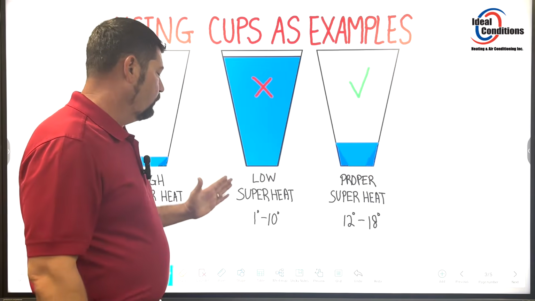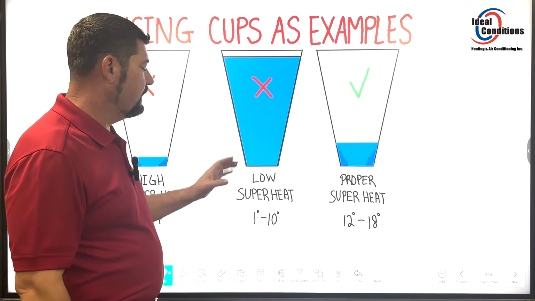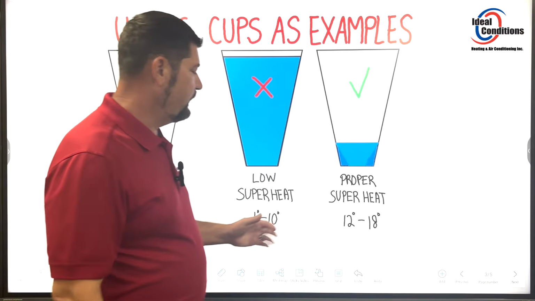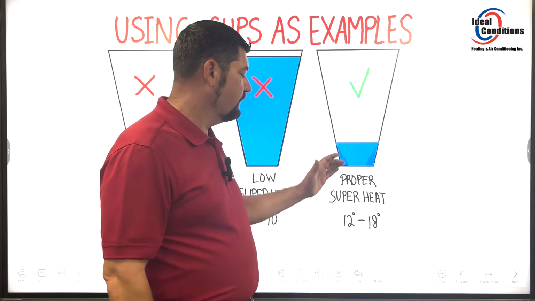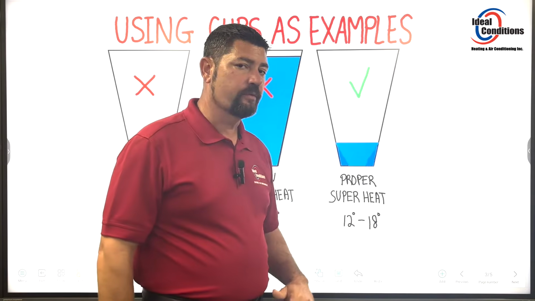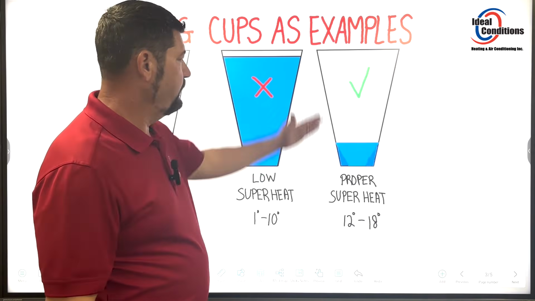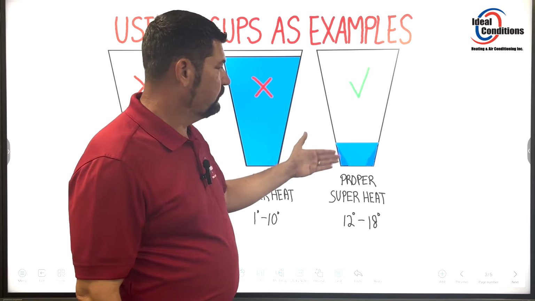If I had 1 degree to 10 degrees of superheat, that would be a low superheat. And if I had 12 degrees to 18 degrees, within this range, I would be at the proper superheat. That would be a very ideal range. So we have a green check there, and if this was the cup, that's what it would pretty much look like.